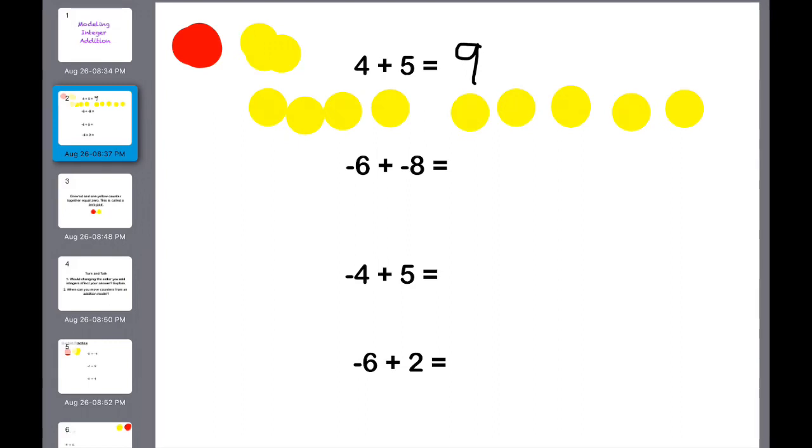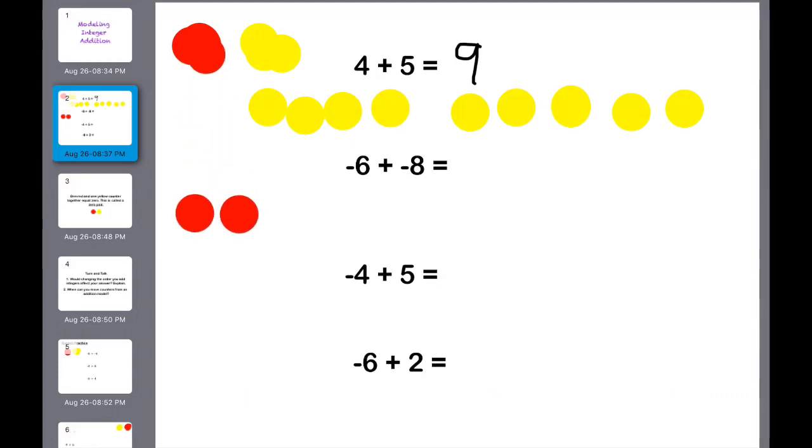When we are doing negative numbers, we use red counters. Red counters equal our negative numbers. Yellow counters are our positive numbers. So we are going to count out our counters, but now they're all negatives because we're adding 2 negative numbers. So we have 6 negatives plus 8 more negatives.